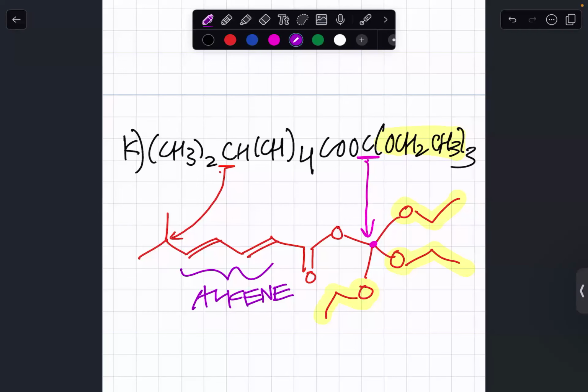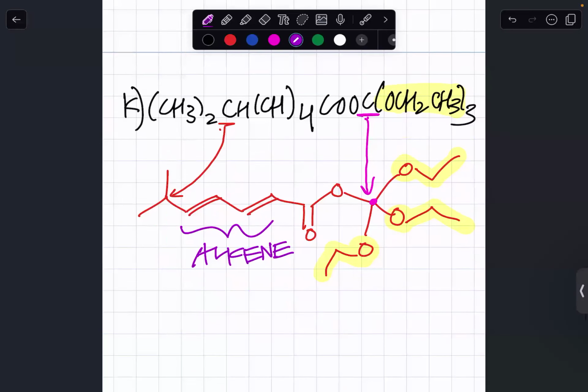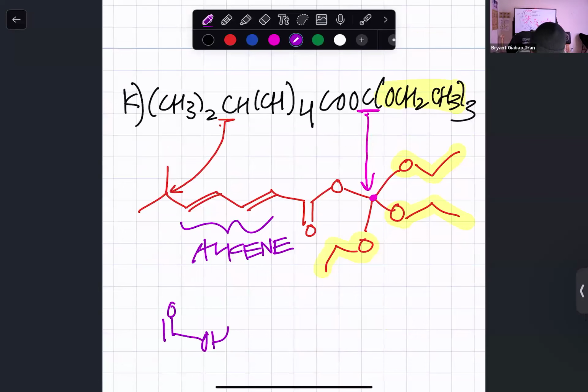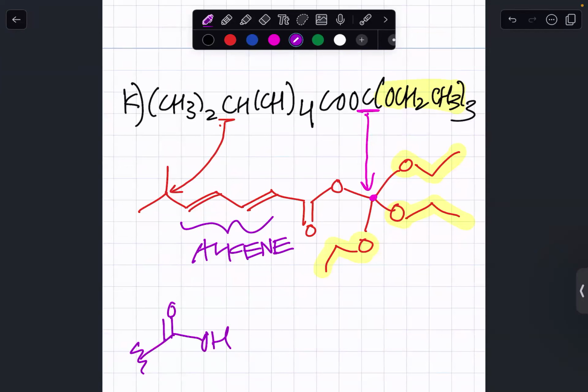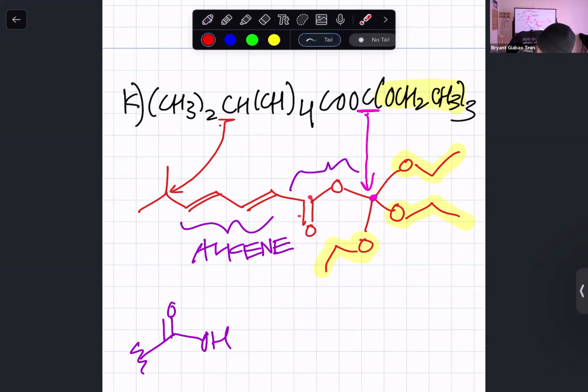Is it carboxylic acid? Carboxylic acid would be a carbonyl with an OH. It's one of the carbonyls, a carbonyl with an OR group.